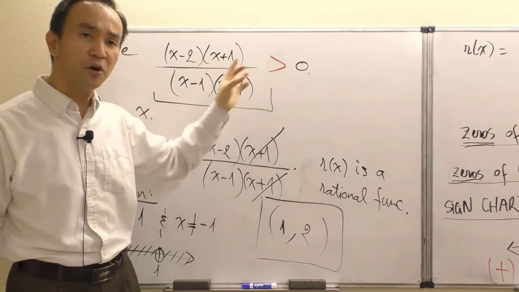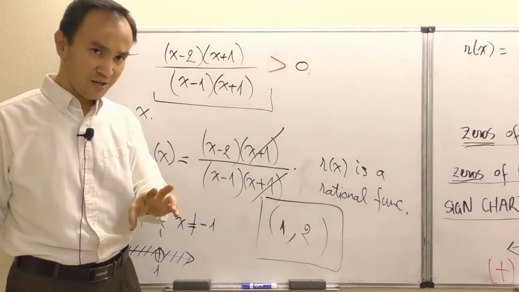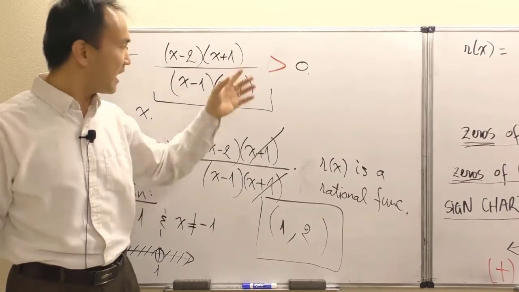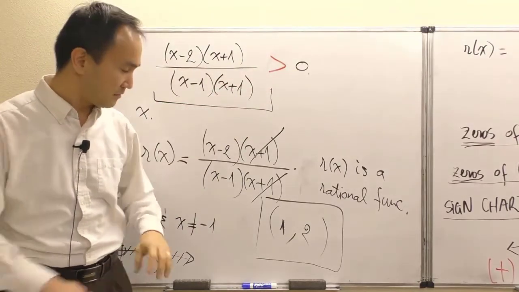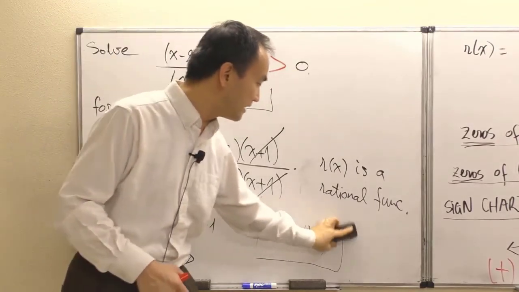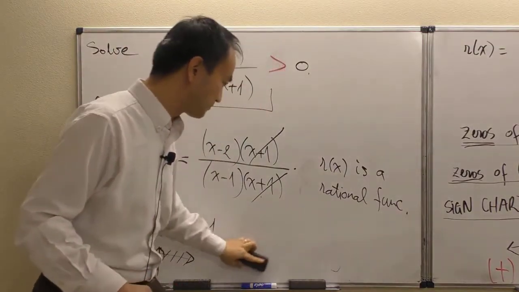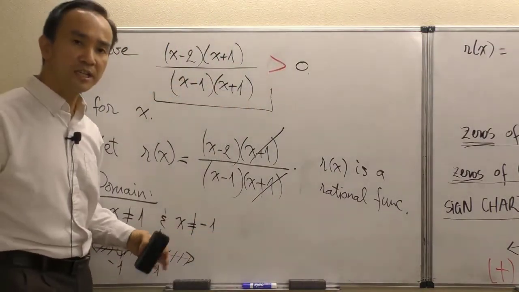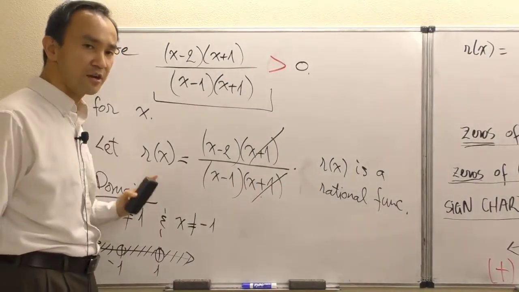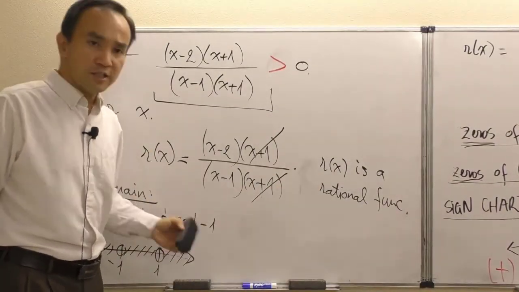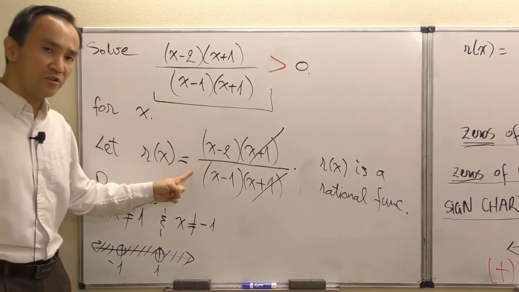Now we're looking for which intervals make our rational function here positive. So definitely I cannot retain this answer. But the good news is all of that information stays the same. We can still retain all of this information because it's still the same rational function.